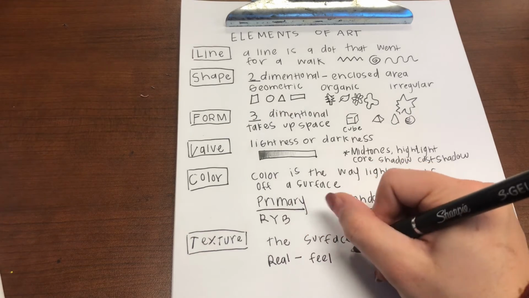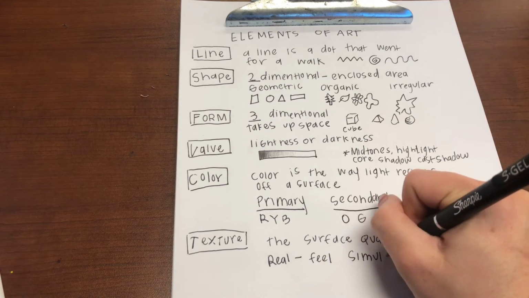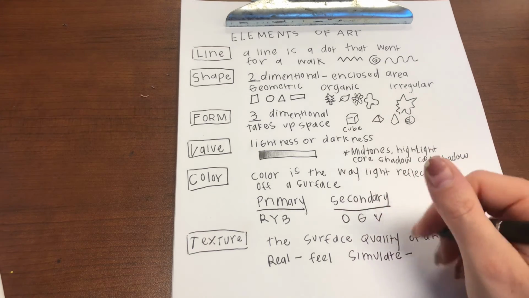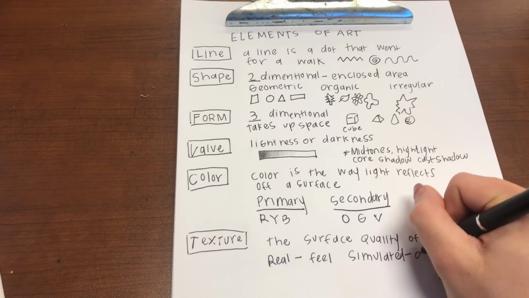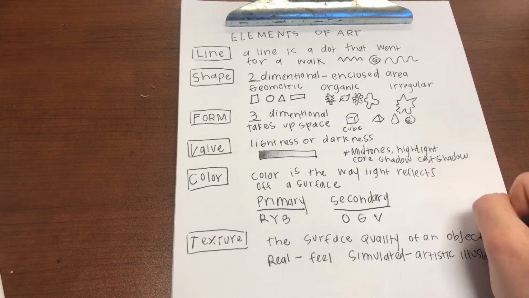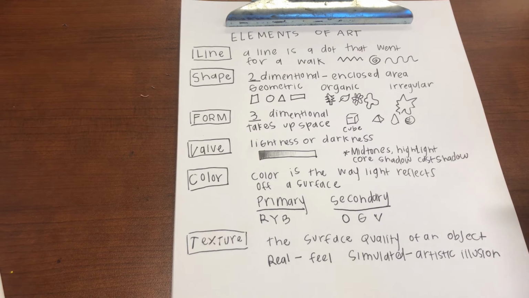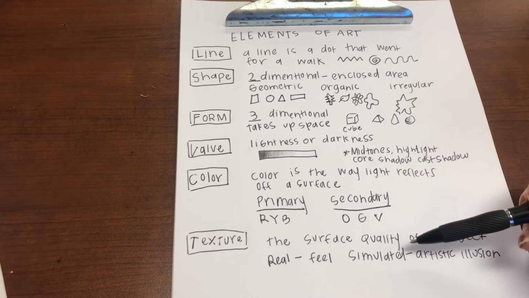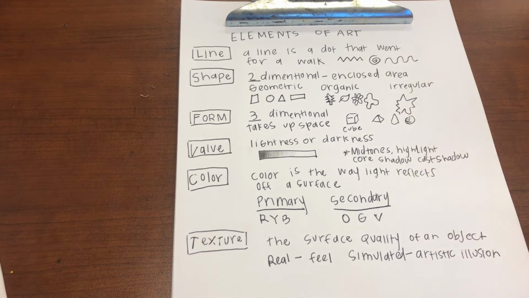You can have simulated, which is artistic illusion. Meaning, let's say the artist showed texture in their artwork by making it look like a surface was rocky when the surface was actually flat. They just simulated that texture. And then you also have invented texture, which is when a surface doesn't actually exist on the object, like if you had a cactus texture on a balloon.